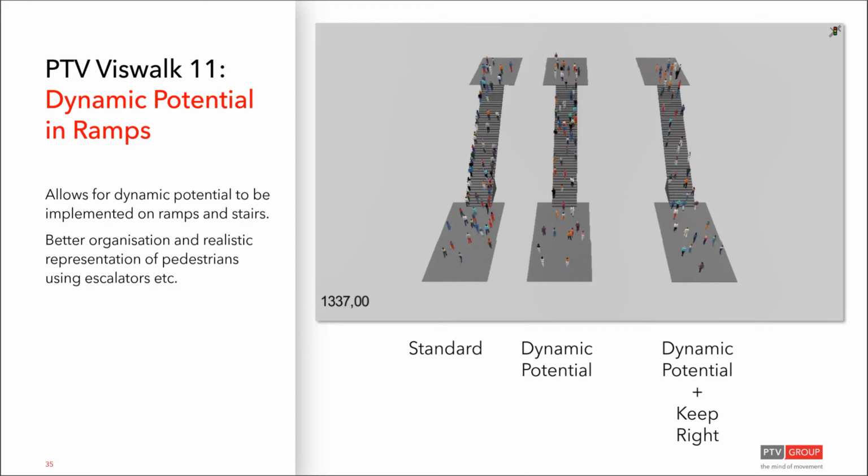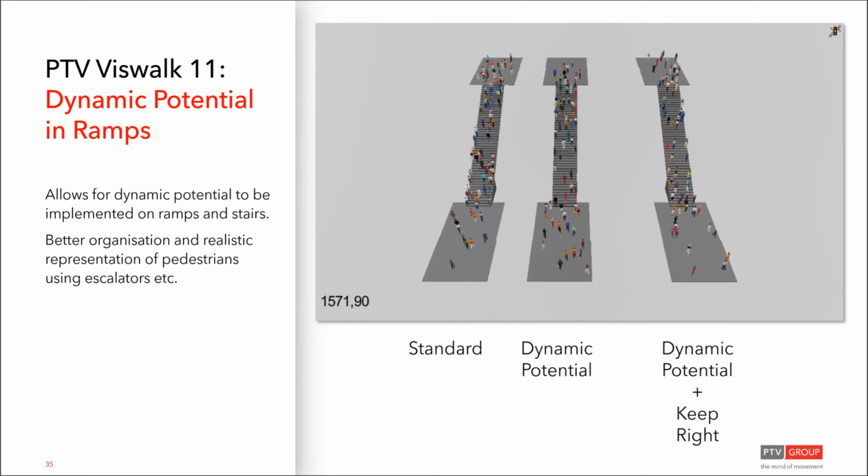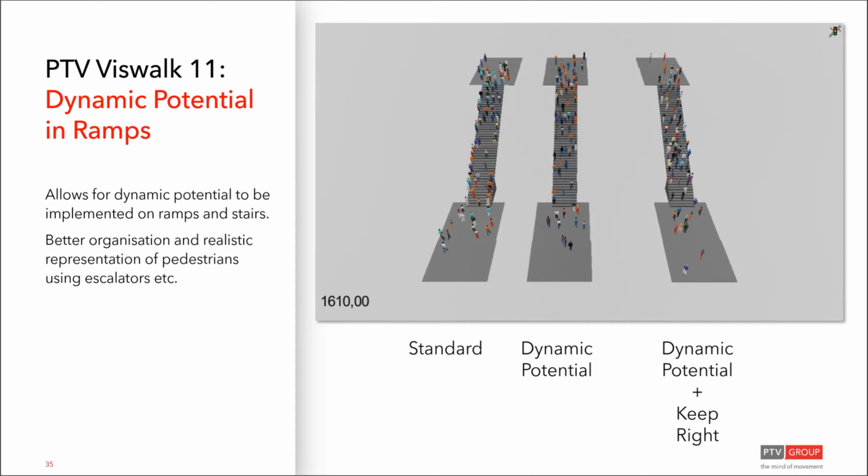Also related to stairs, pedestrians are now able to use a dynamic potential on stairs, and not only stairs but also ramps, to walk a little more intelligently. But again, dynamic potential needs a lot of resources and is time consuming, so the simulation will be slow. There's always the option to switch it off in order to achieve higher run times, but maybe not such good results.